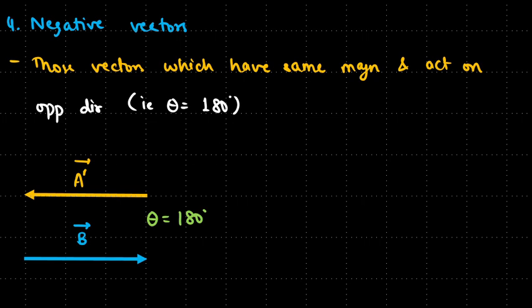Let's take a look at some examples. Suppose I have a vector which is 10 i cap. Well, let's just give it some units: 10 meter per second i cap. Let's say this is a velocity. So the negative vector of vector A will simply be minus A, isn't it?